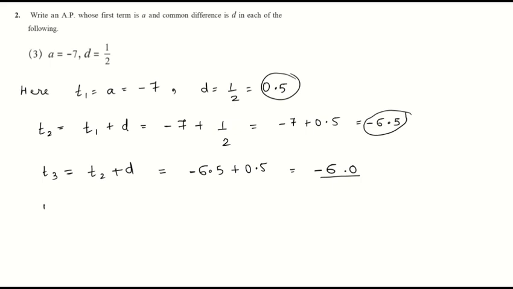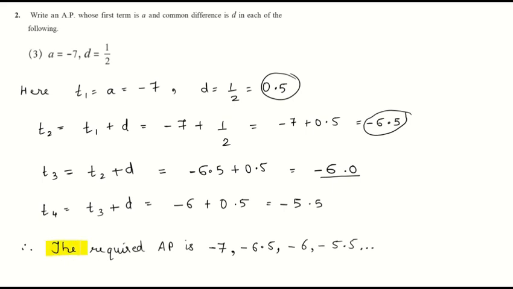Okay, in the same way, we will find T4 is equal to the previous term plus the difference. What is the previous term? Minus 6 plus 0.5. So plus into minus is minus, sign of the bigger number. 5.5 is equal to 5.5 and the sign of the bigger number is minus.